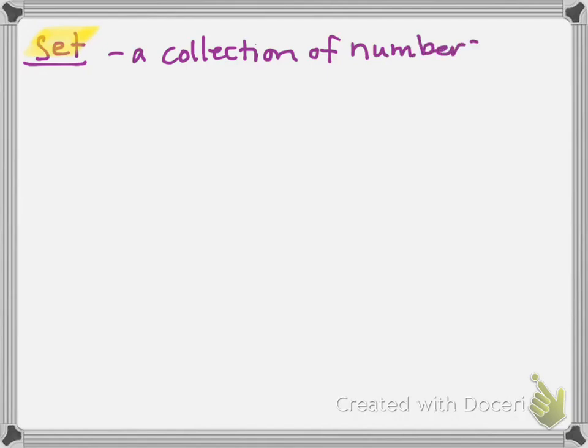Now it could be objects, but we're going to work with numbers. A collection of numbers shown inside of braces. And remember, braces is a grouping symbol that looks kind of like a forehead, a nose, and a chin. So it's kind of curvy, pointy, curvy.